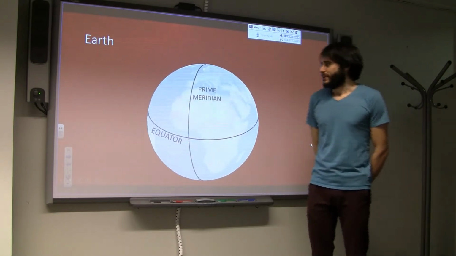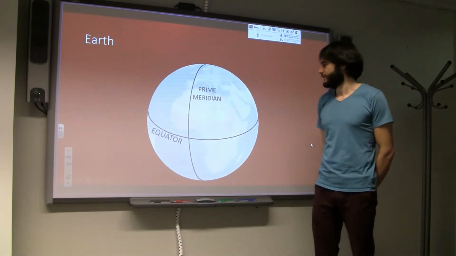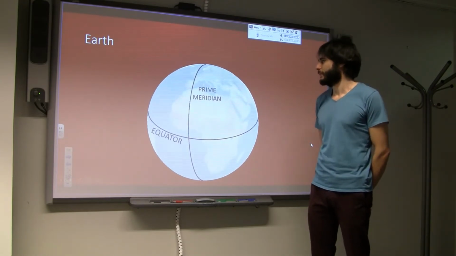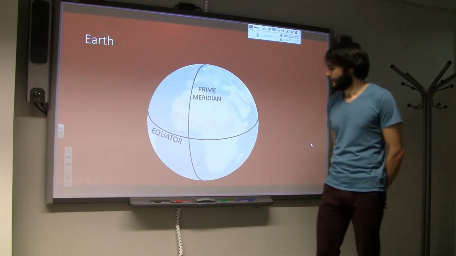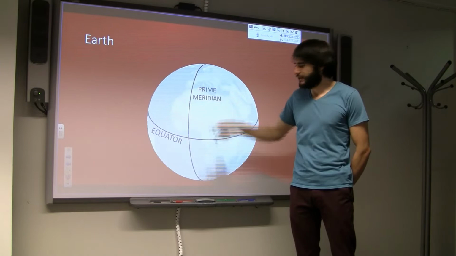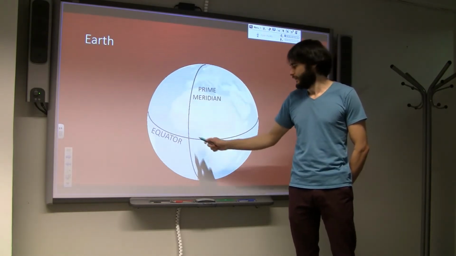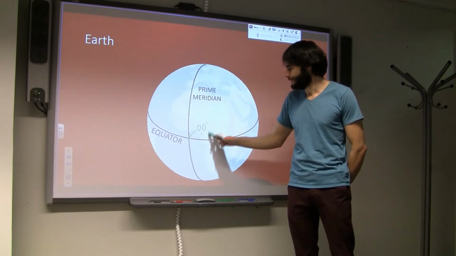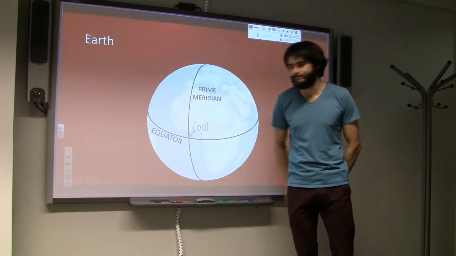This is the prime meridian. It's a line of longitude. People call it different ways. It unites the poles, and this point here is 0, 0.